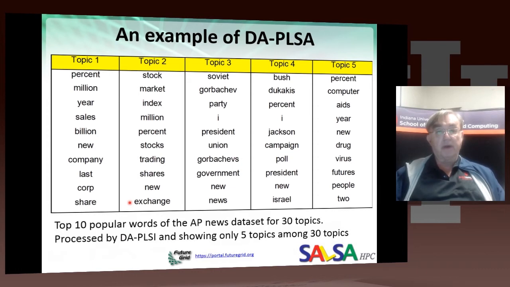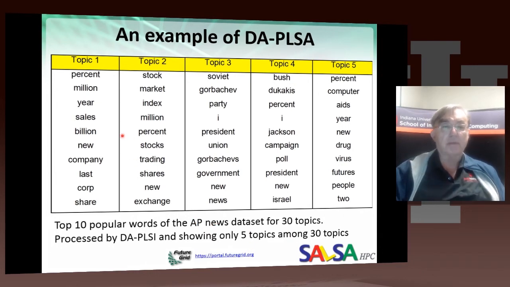Here is the final slide of this deck, which is an example that John Choi did in my research group as part of his thesis. He looked at the AP News data set. He divided it into 30 topics, with an algorithm which is not important here, and it tells you the top 10 popular words for the 30 topics.